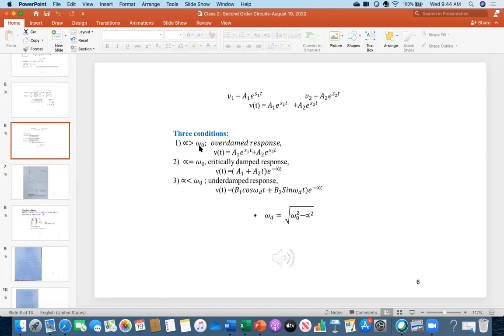Either alpha is greater than omega naught, or alpha is equal to omega naught, or alpha is less than omega naught. Accordingly, it can be overdamped, critically damped, or underdamped. Accordingly, you have to choose the equation.